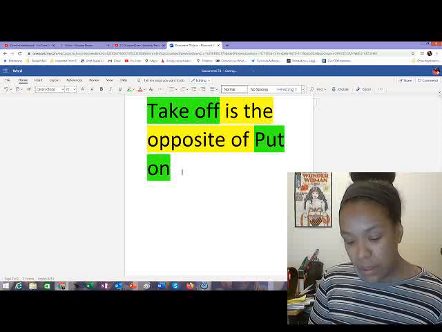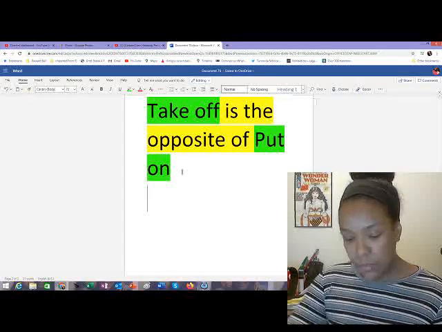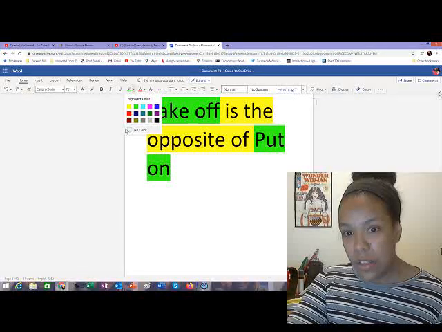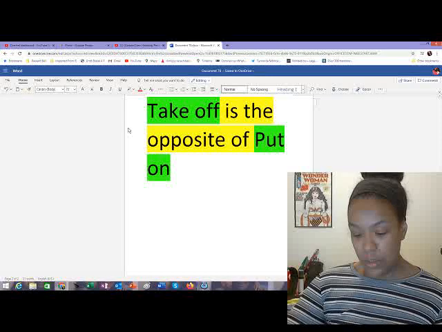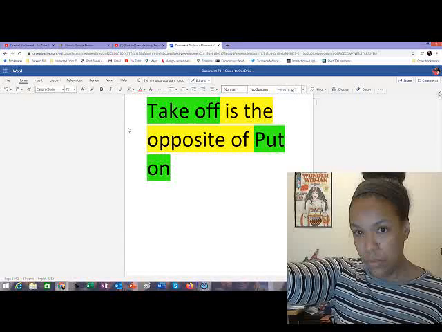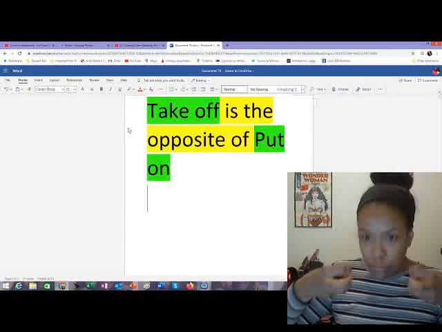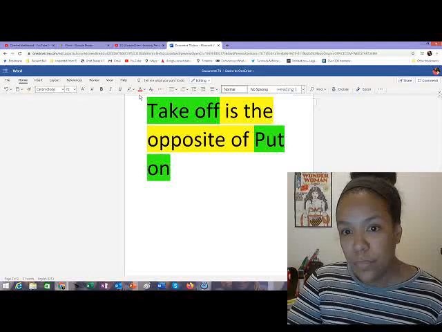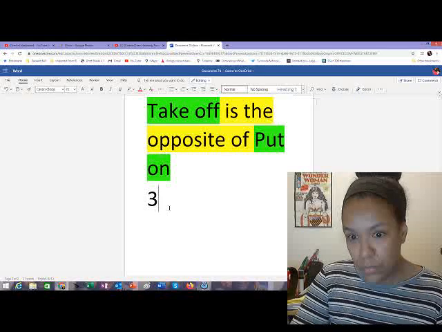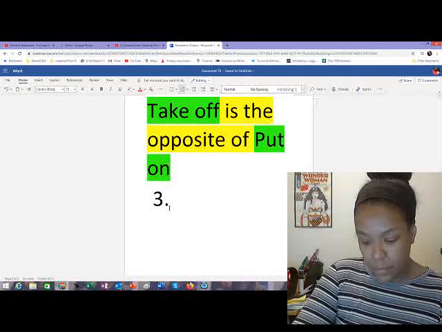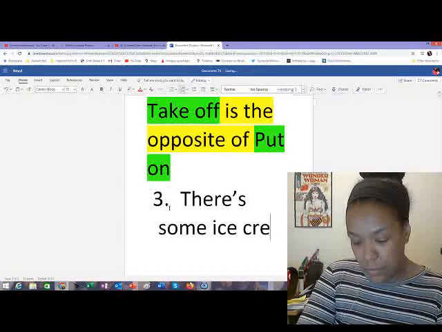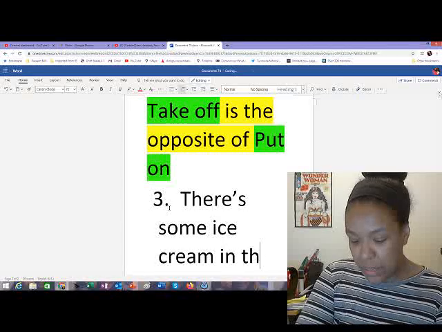Number 3, there's some ice cream in the freezer. So you have to look at the sentence and you have to make an assessment. So you're thinking about something that's inside the freezer and you're going to remove it. There's some ice cream in the freezer.